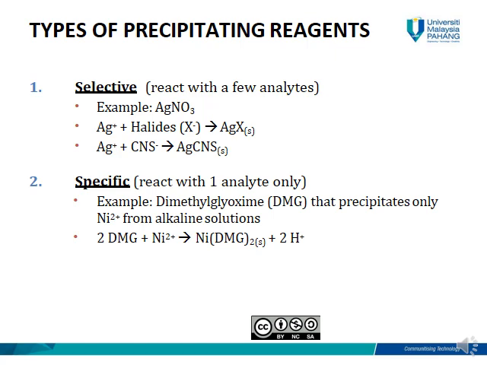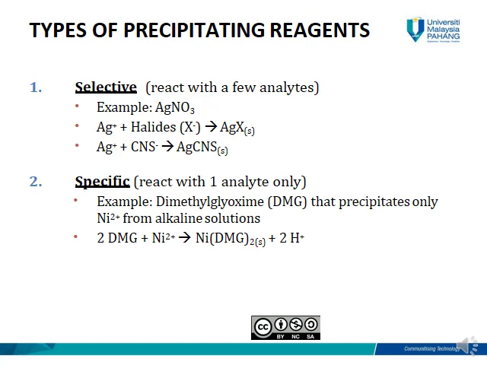From the chemical reaction shown in the slide, silver nitrate plus halides will produce silver halides, which form a precipitate. Other than halides, we also have CNS negative, which will also form a precipitate.